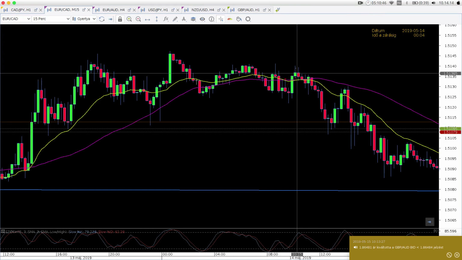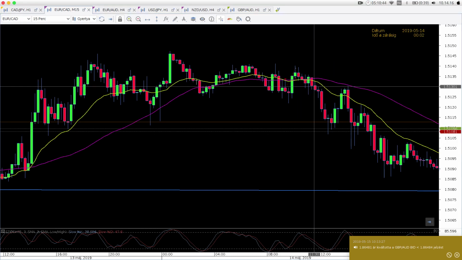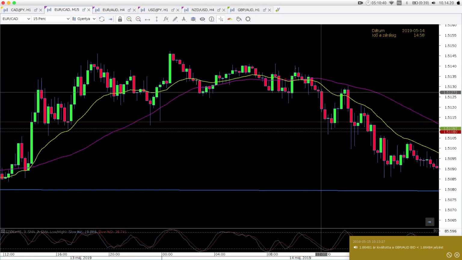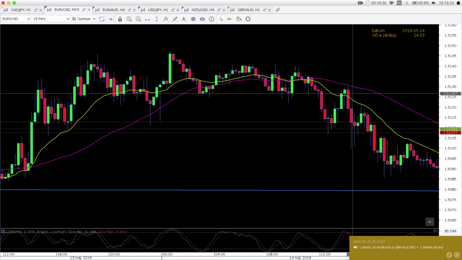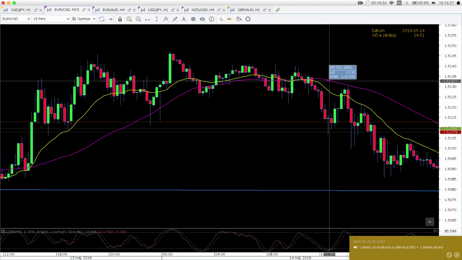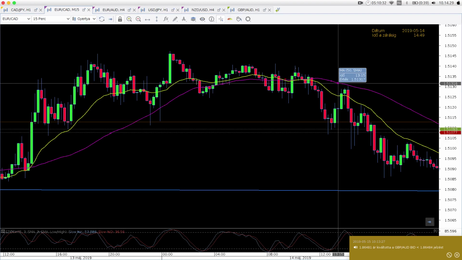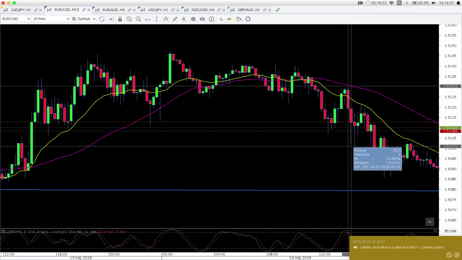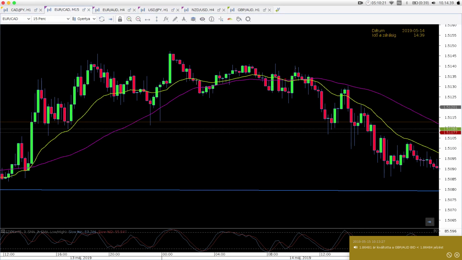So if I didn't enter at that move, I think I should have waited for the price to test back, and it would have been a better entry, because the 15 and 50 EMA was the resistance line where the price was pushed down again.